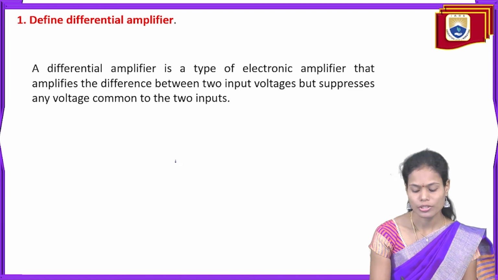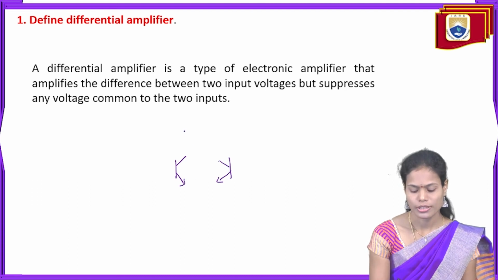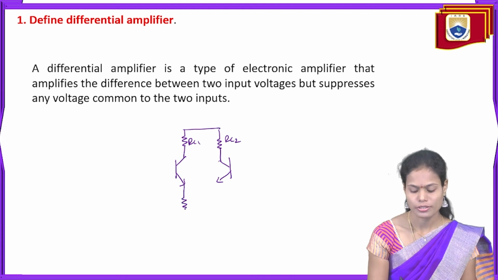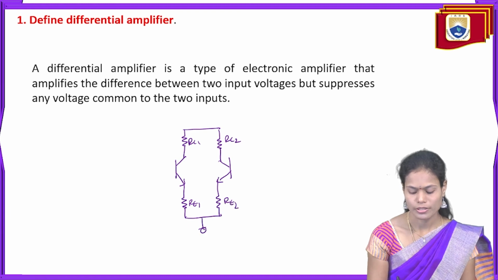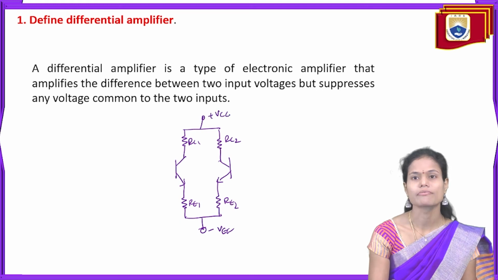That is nothing but to design the differential amplifier, we need to take the two similar type of transistors with same collector resistance RC1 and RC2 and same emitter resistance RA1 and RA2. It is applied to minus VEE and this is plus VCC.